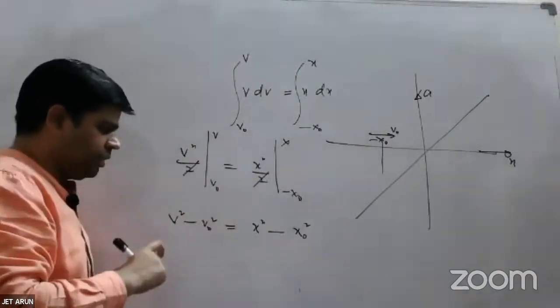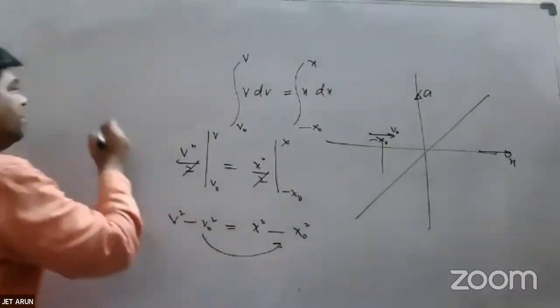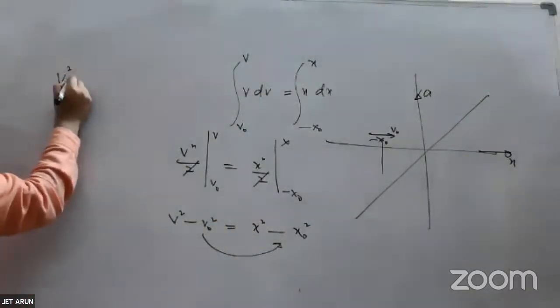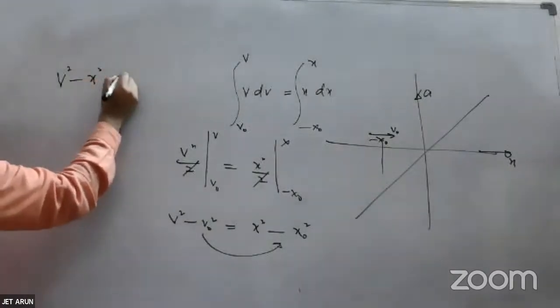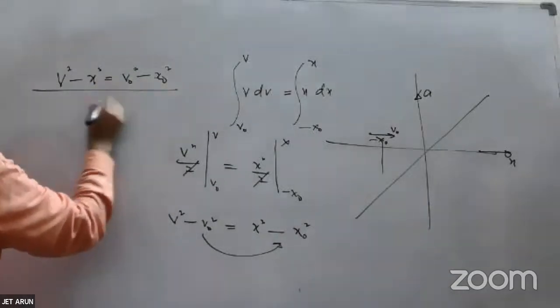Plus or minus? Minus. Upper limit minus lower limit. So I'll have v square minus x square is equal to v naught square minus x naught square.